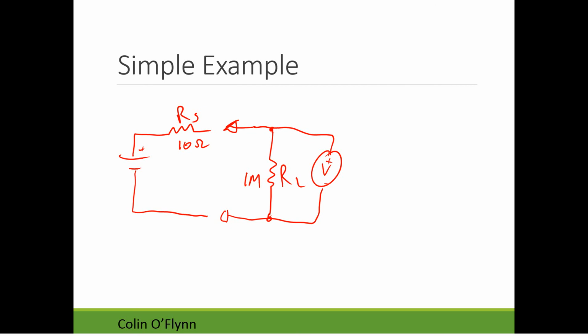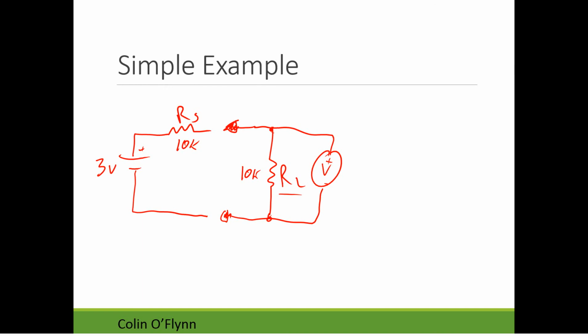But if we change these numbers a bit, and this is actually 10 kilohms, and this is 10 kilohms here, what you would measure is, rather than 3 volts, half of that, because you've pulled down the voltage due to this load resistor. So circuit loading is the effect of the load of some other part of the circuit affecting your earlier circuit.